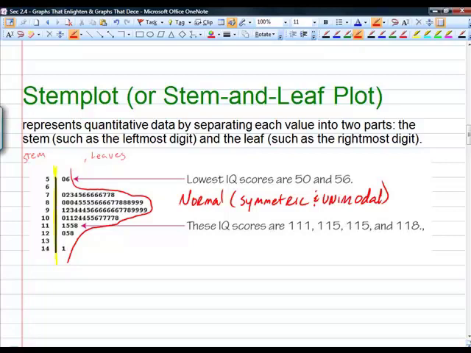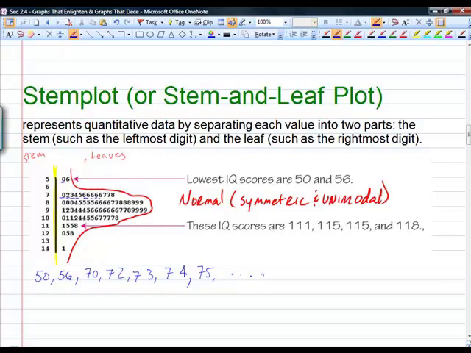So if I asked you to make a list of the data that created this stem and leaf plot, you would start listing numbers: 50 because of the 0 here. What would my next number be? 56. What would my next number be? 70, 72, 73, 74, 75. And then we have how many 76s? 5 of them. So you get the idea.